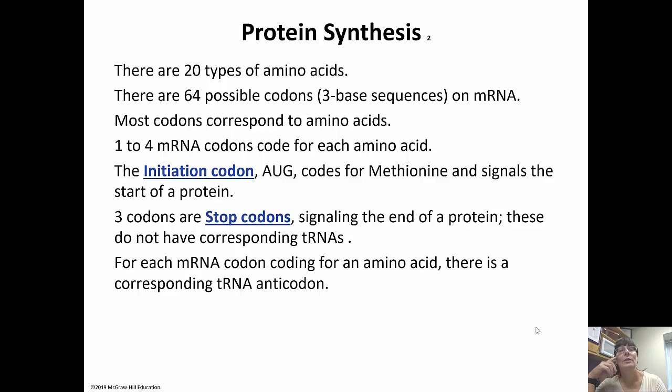AUG codes for methionine and also is the initiation codon, so it signals the start of the protein. We have 3 stop codons, which signal the end of the protein, and then each messenger RNA codon that codes for amino acids has a corresponding transfer RNA anticodon.